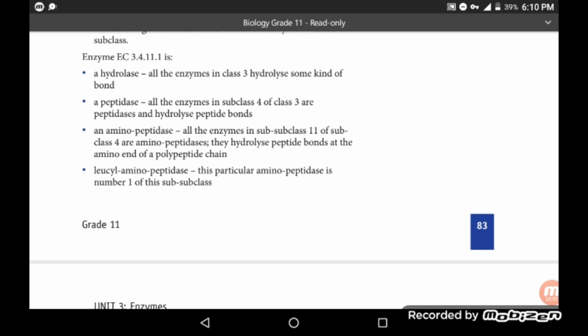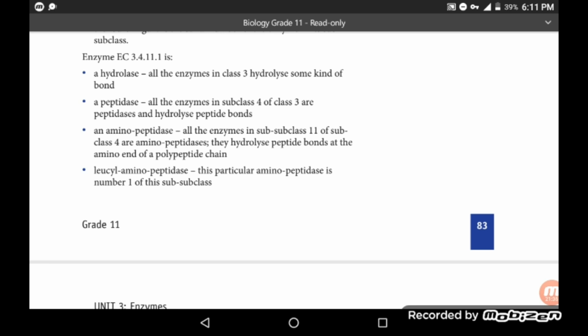Amino acids are linked by peptide bonds, and at the end of that chain the reaction occurs, hydrolyzing the peptide bond.